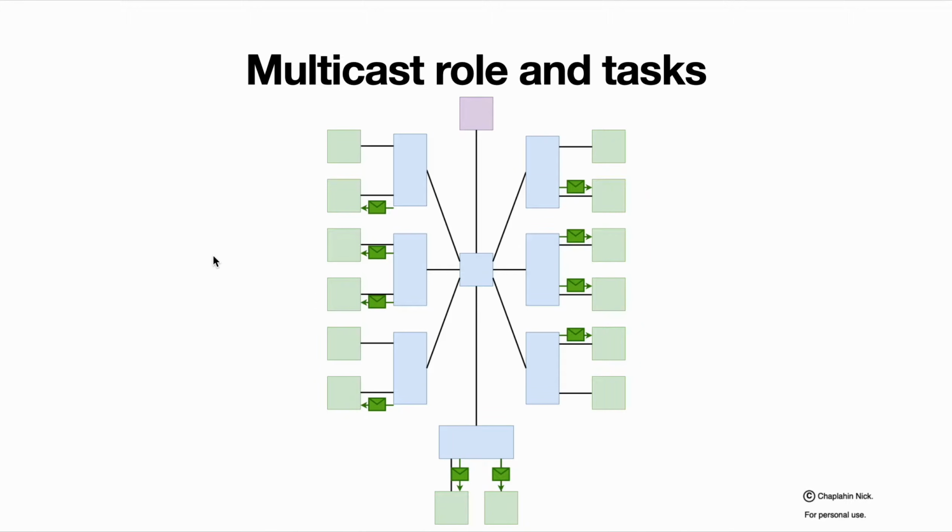So, what are the roles and tasks for multicast? Let's imagine that we have a topology where an end station is supposed to receive some specific traffic, and this traffic has information that is the same, internal information is the same for each endpoint. In this case, the internal structure of each frame will be copy-paste, and only some external fields will differ in order to deliver a specific frame to a specific station, right?